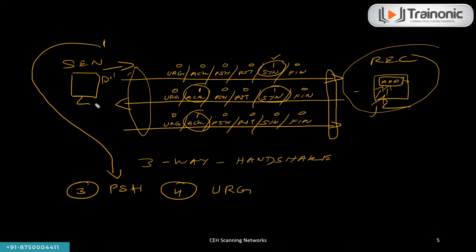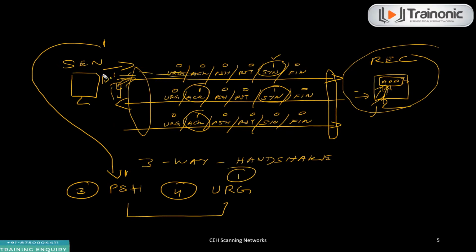So what is the difference between push and urgent then? When push is turned on, the stored data in the buffer is sent to the receiver, and the receiver sends it to the application. Maybe the data is flowing, and the urgent bit is turned on at the last data.